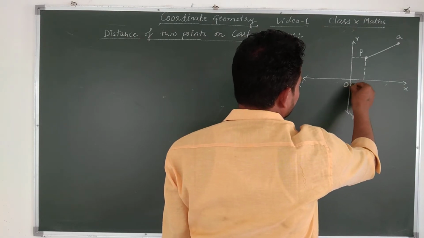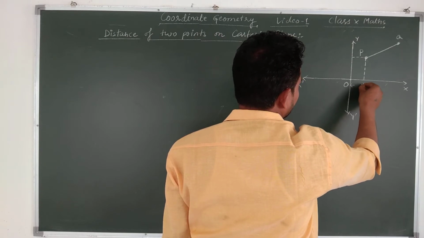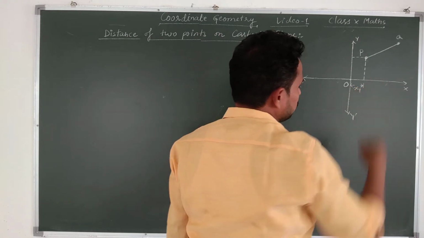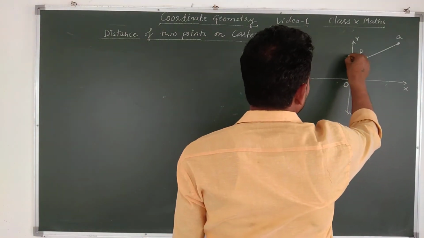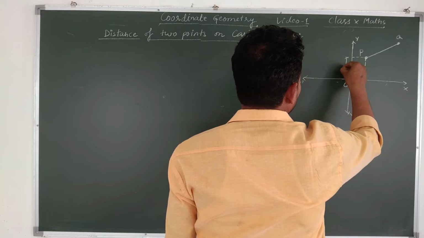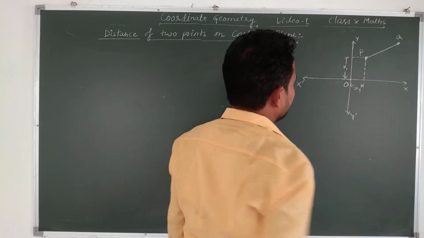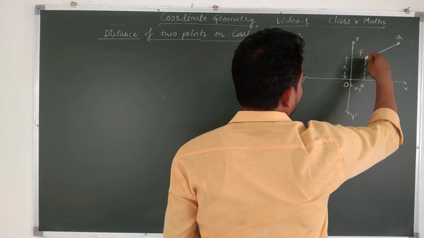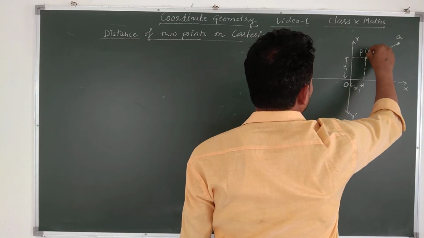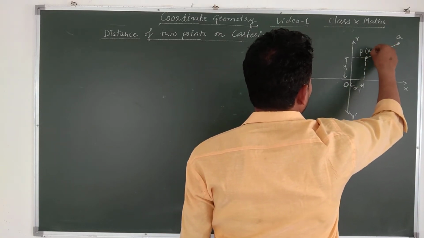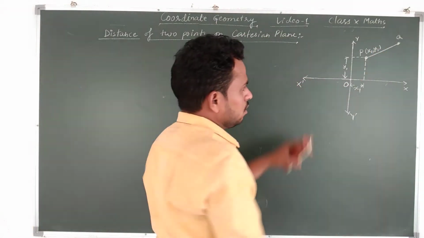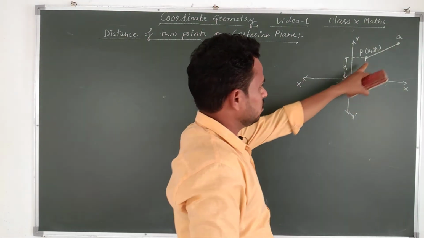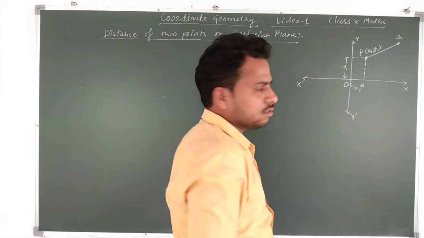Suppose this length is x1 and this one is y1. So the coordinate of point P is x1 comma y1: the distance on the x-axis is x1, and the distance on the y-axis is y1.